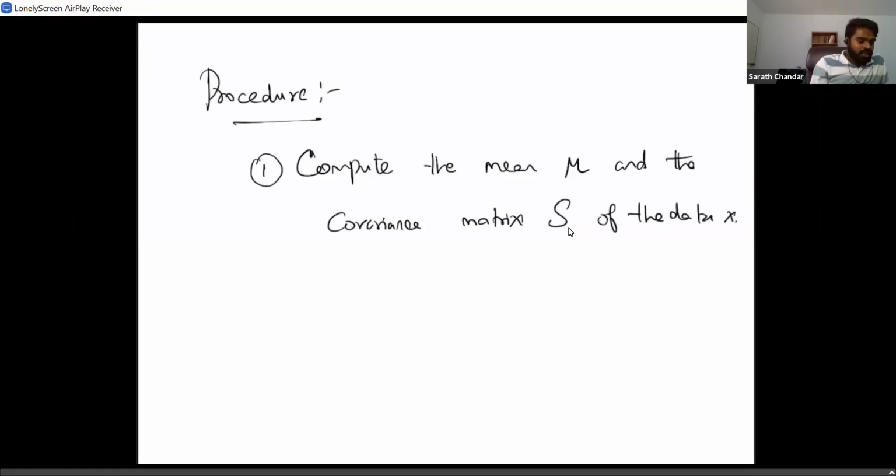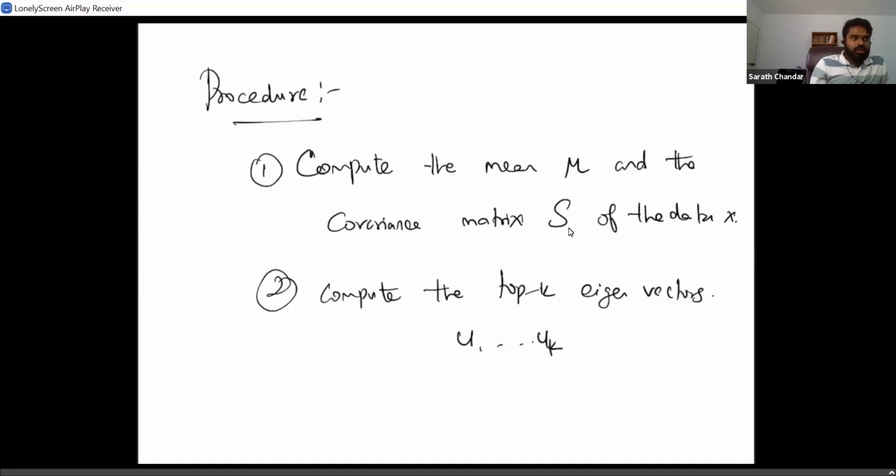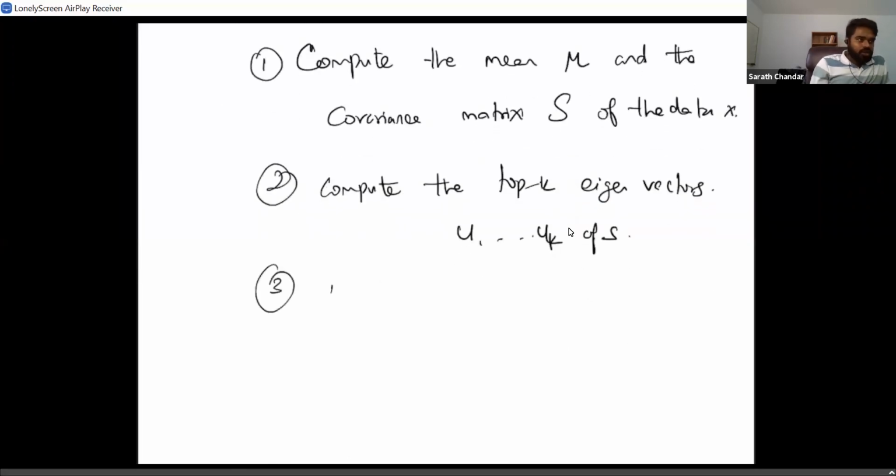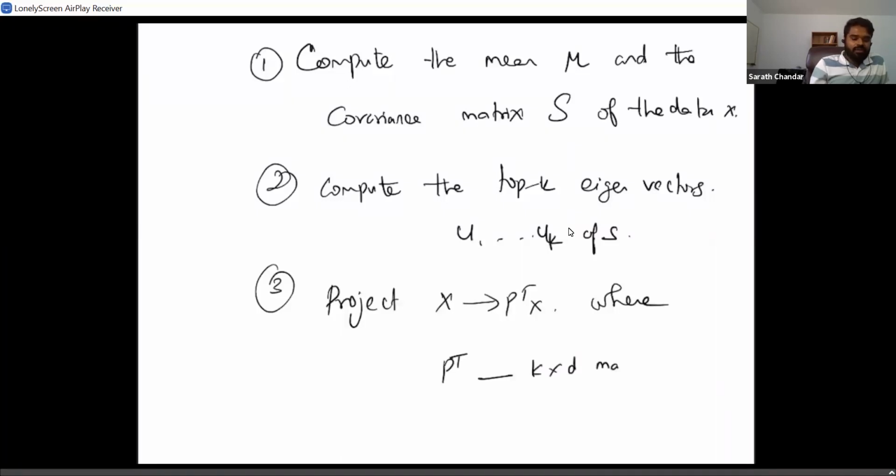Then you will compute the top k eigenvectors u1 to uk of S. Then you would project X to P transpose X, where P transpose is a k cross d matrix whose rows are given by u1 to uk.